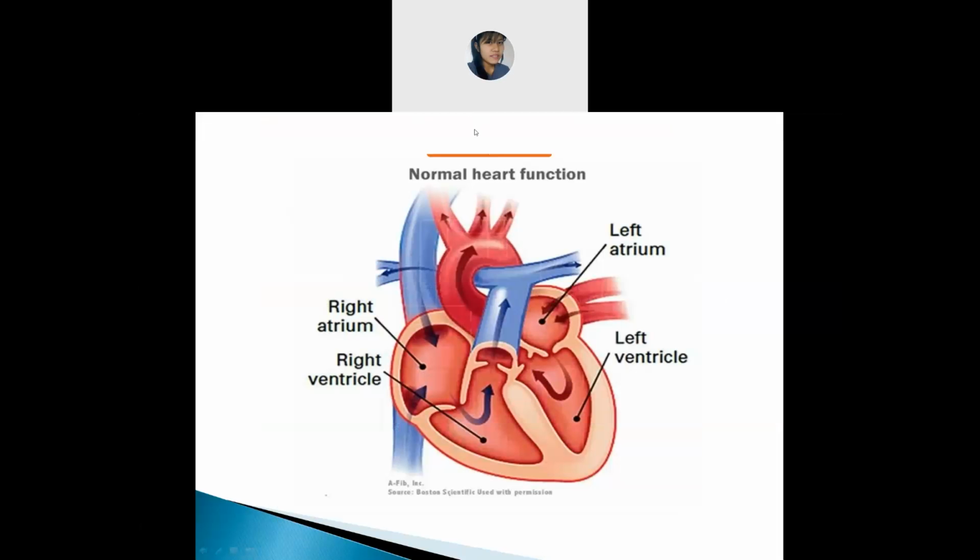Can you say or not? Ma'am. Okay, can you say about the circulatory system of the heart?